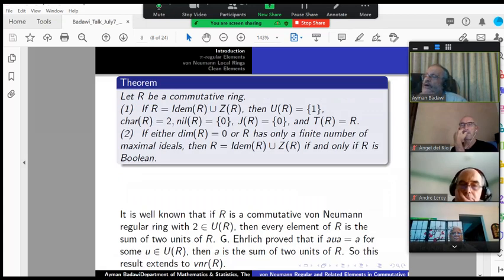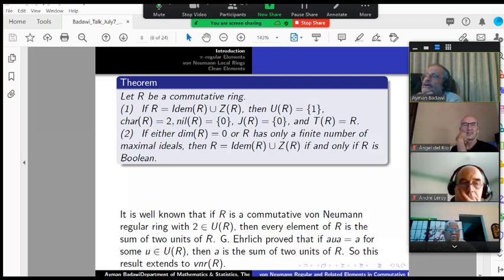So here is where this conjecture is true. Let me put it this way: if R is the union of the set of idempotents and the zero divisors of R, then we know what the units of R are. Only one.